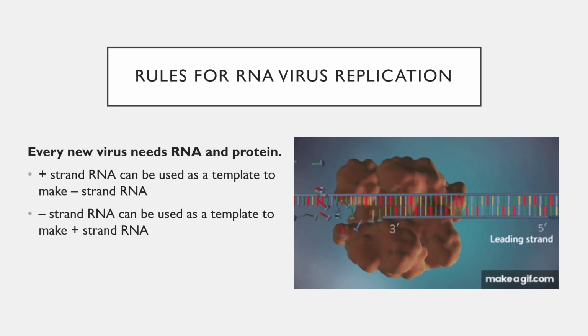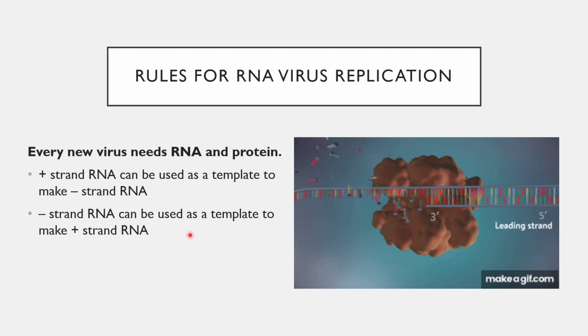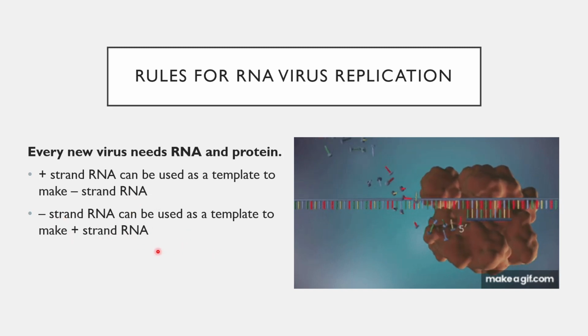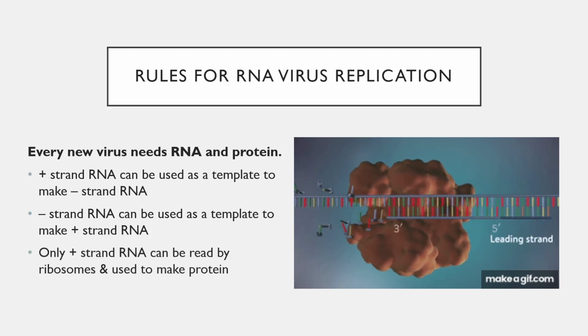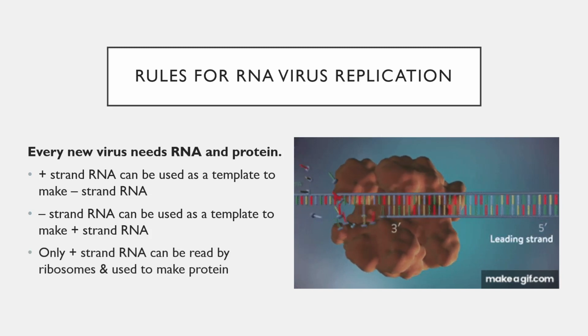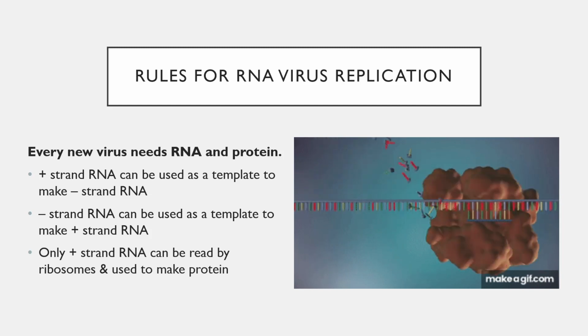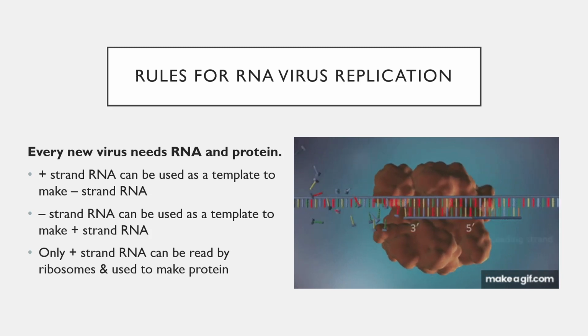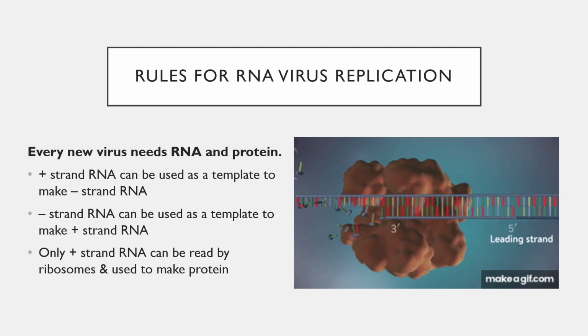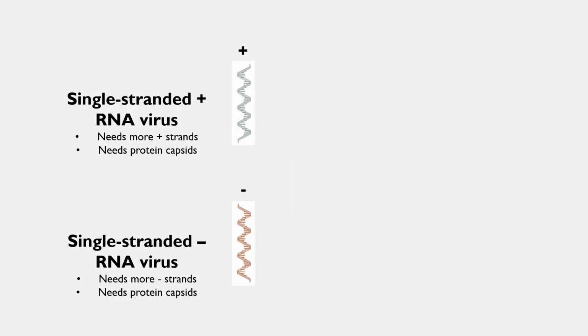Plus strands can make minus strands, and minus strands can make more plus strands. However, only plus strands are able to be read by ribosomes and therefore used to make protein. Protein is essential for making the capsid, and so we need plus strands in order for the ribosomes to read them and make more protein, even if it's a minus stranded virus.